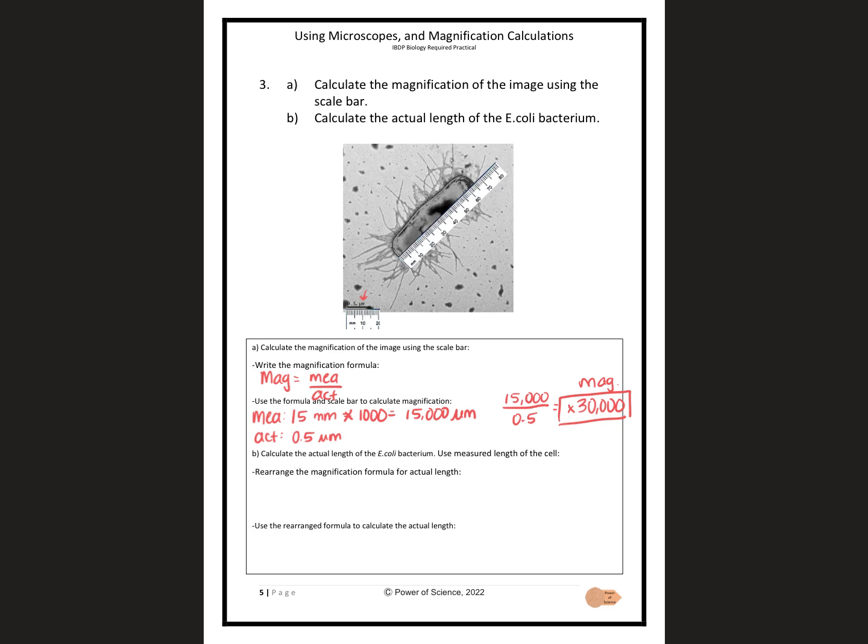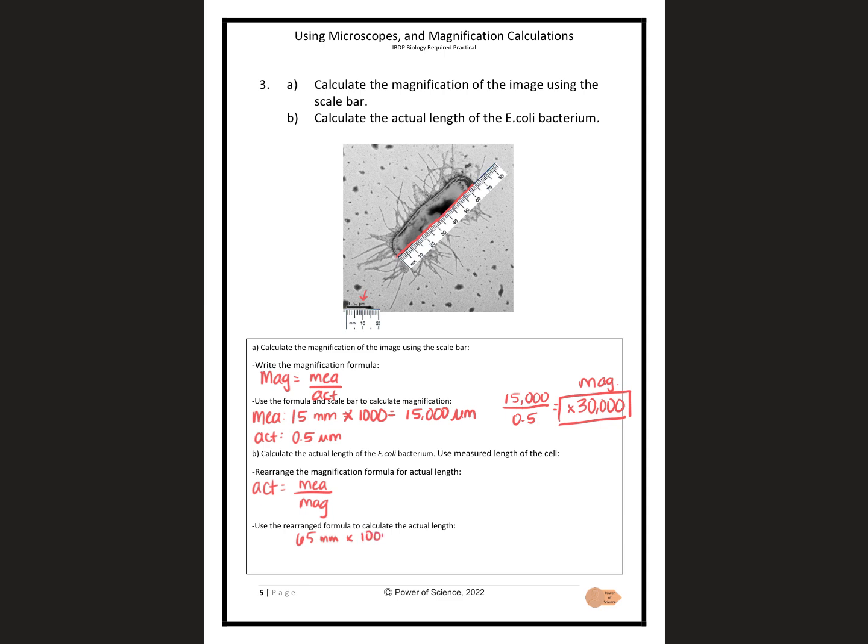And now we're going to do the same thing that we did before, where we're going to calculate the actual length of that image, which is an E. coli bacterium. So our formula would be actual equals measured over magnification. So our measured, if you look at the length of the specimen here, it's going to be about 65 millimeters. For this one, I'm going to convert this first.